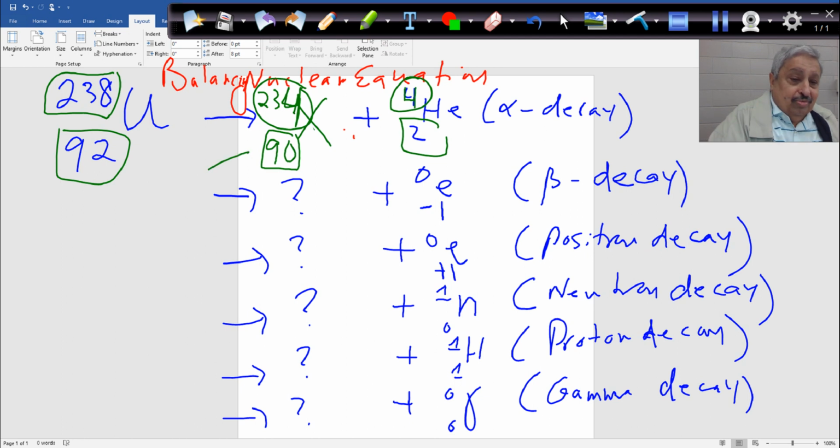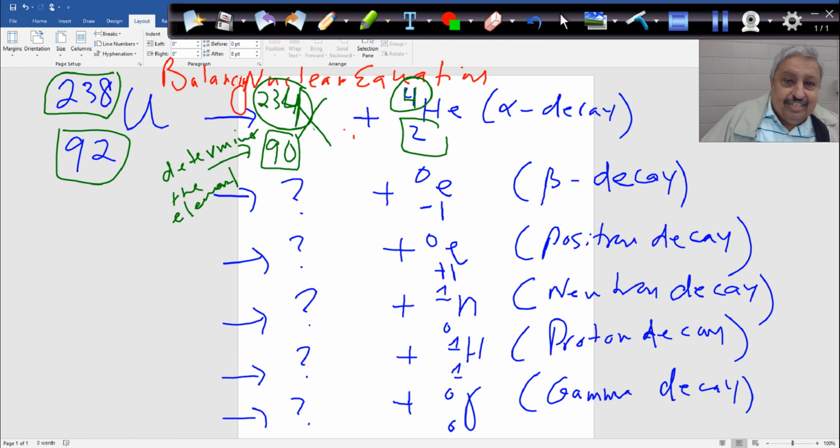So I look at the atomic number, and this determines the element. So it is a new element, yes. What is 90? Thorium, Th.